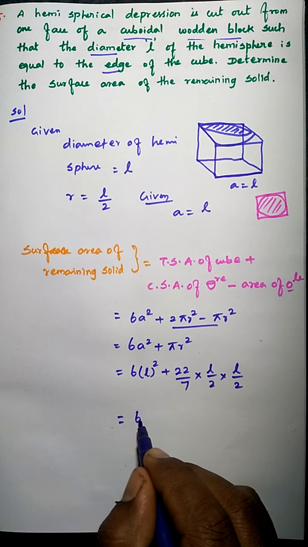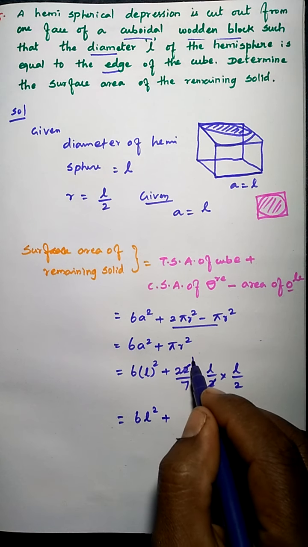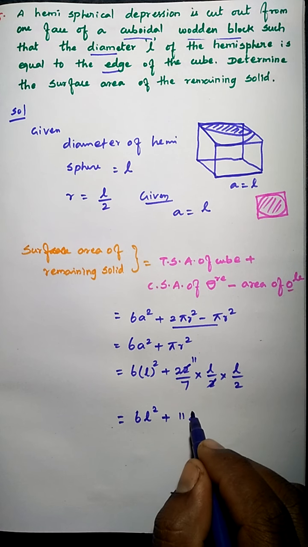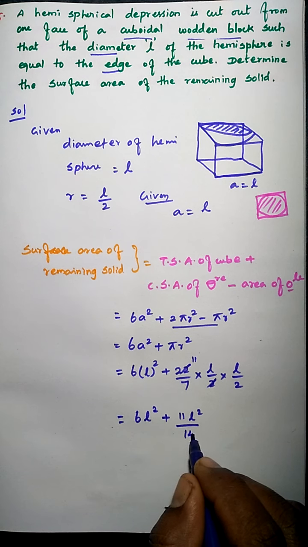Now 6L square plus, 22 and 2 cancel, we will get 11 L square by 14, since 2 sevens are 14.